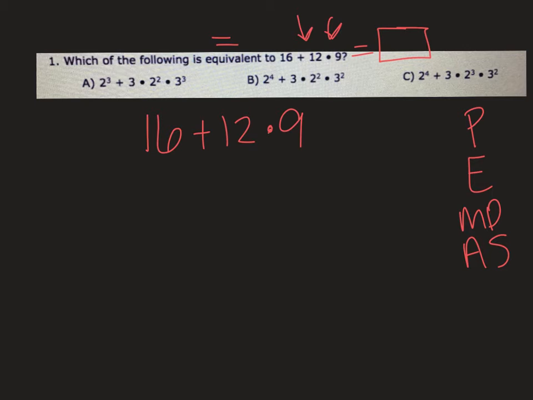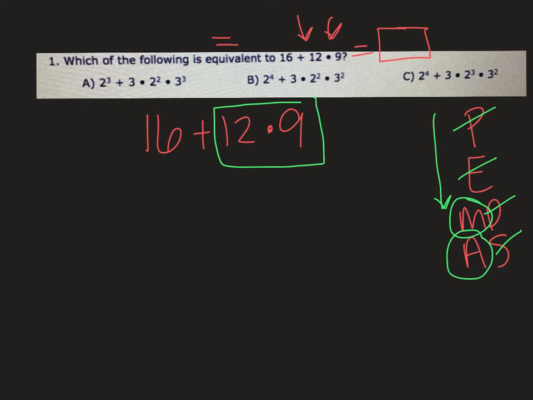Now I'm going to go through and circle what I have. Well, I see a plus sign and I see a multiplication sign. So I don't have to worry about parentheses or exponents or dividing or subtracting. So going in order, I see my multiplication goes first. So I have to do 12 times 9. Well, 12 times 9 is 108.